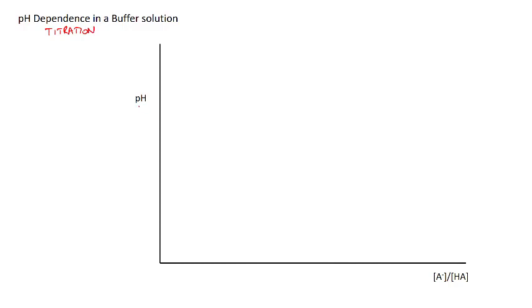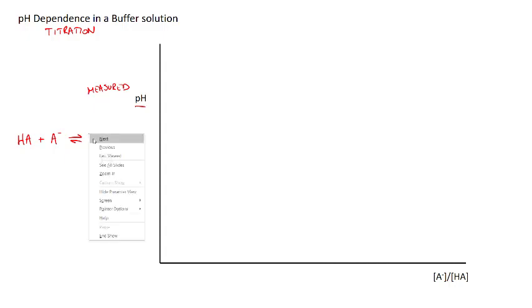So what we have on the y-axis is pH. This is what we're going to be measuring. And on the x-axis, we have the ratio of conjugate base to conjugate acid. So you can imagine that we have this acid and base system together. Sorry, that should be water.